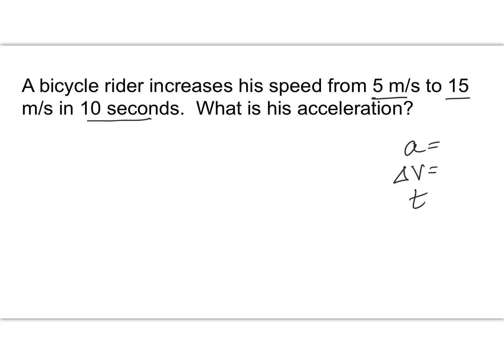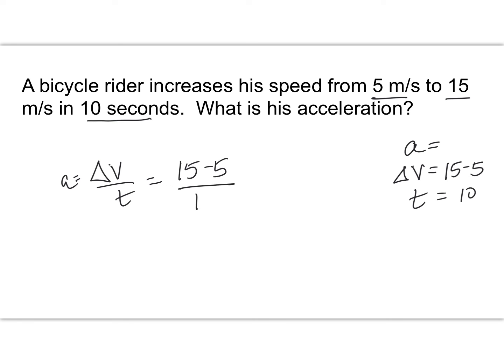We've got 15 as our final, 5 as our initial, and the time in which this occurred is 10 seconds. Acceleration is our change in velocity divided by our time. So 15 minus 5 divided by 10. That's 10 divided by 10, which gives us an acceleration of positive 1 meter per second squared.